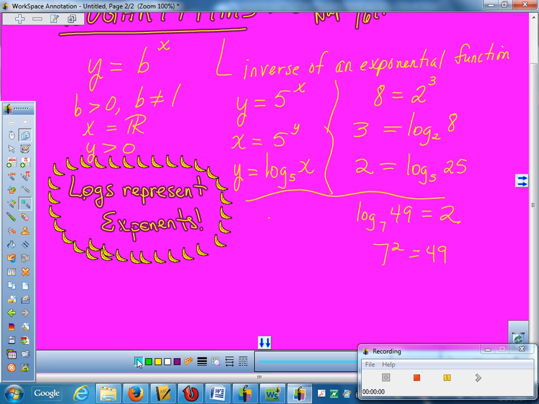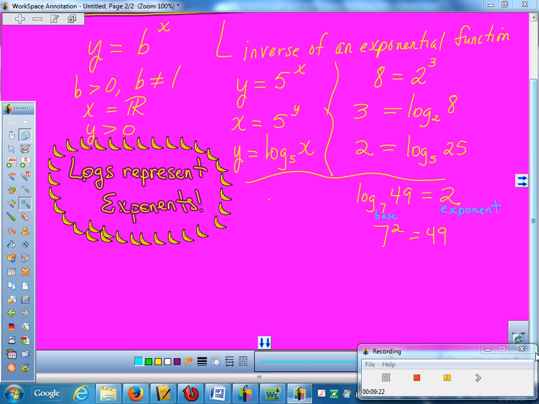So this is always the base. This is always the exponent. You can keep that straight and you'll be good with logs. Now, somewhere toward the bottom of your journal, where I start asking you to just list rules and formulas, I ask you to show how you change from exponential form to logarithmic form. So you're going to want this in your notes.